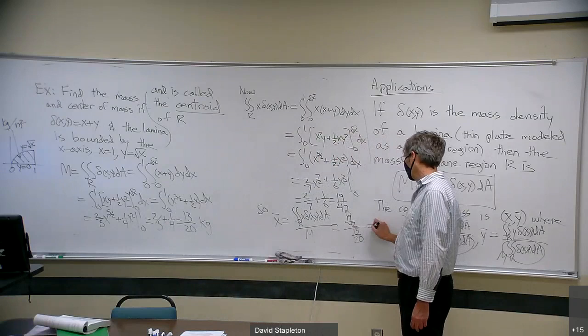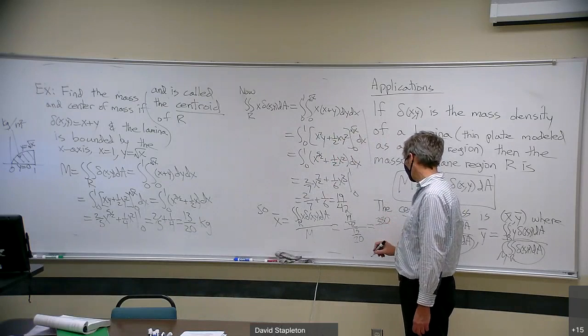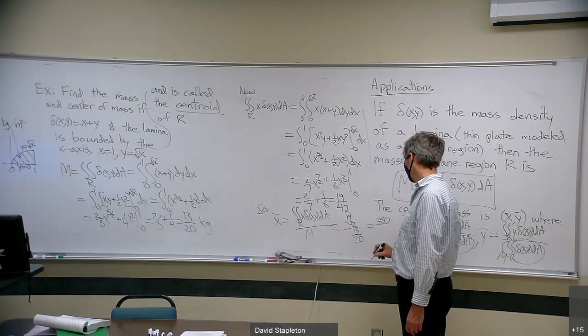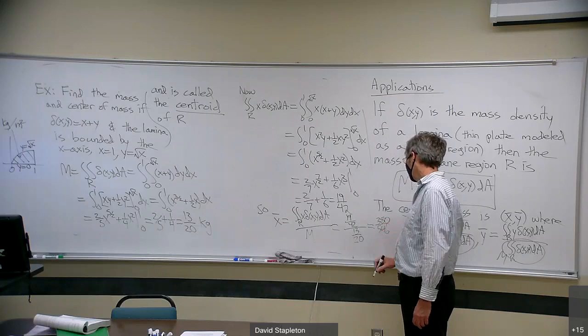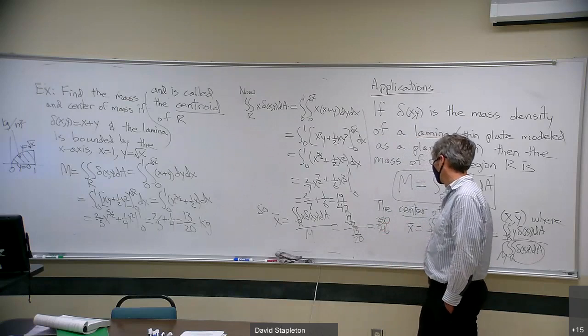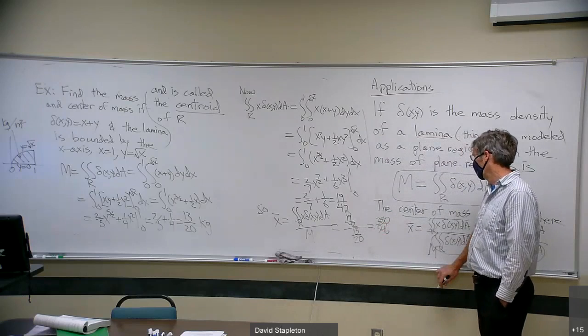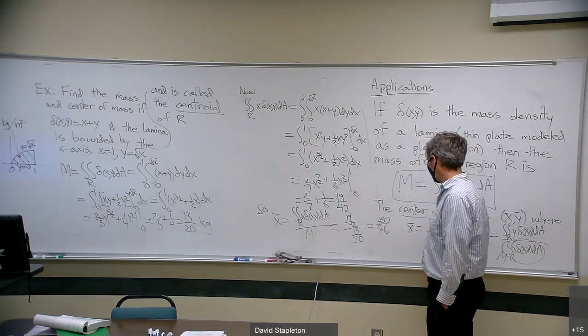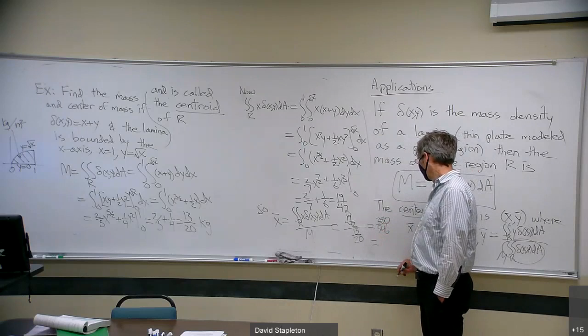So we get 20 times 19, which is 380, divided by 42 times 13, which is 546. Then we can reduce that a little bit: 190 over 273.